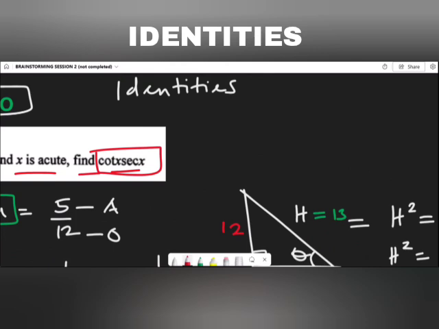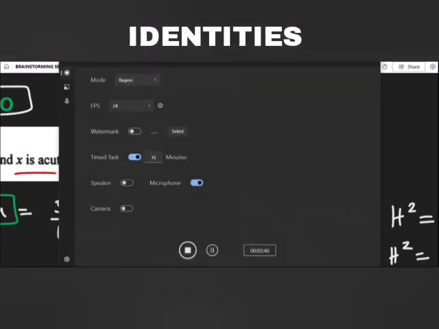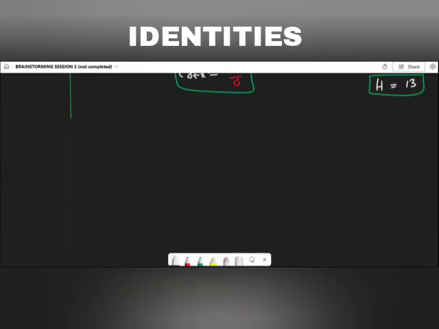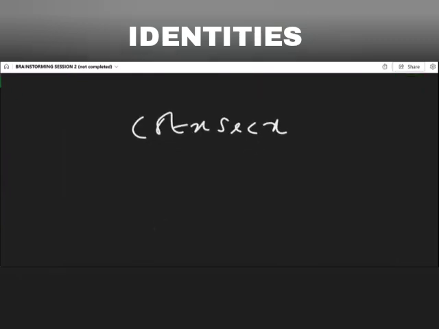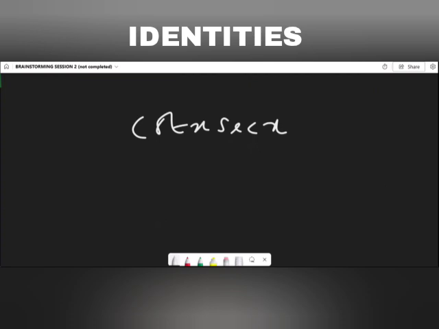So how can we get the value? We find cos x multiplied by sec x. Recall that our opposite is 12, our adjacent is given as 5, then we have our hypotenuse to be 13.